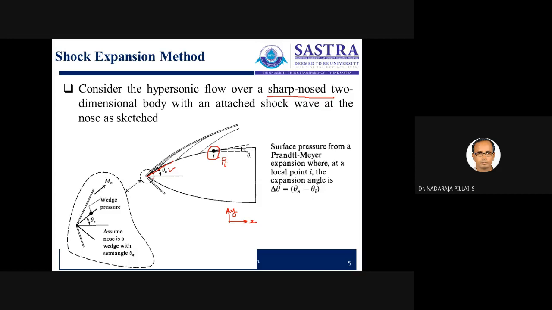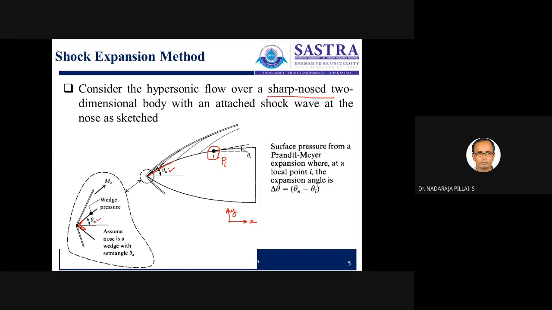Let us zoom in on this nose section. In the nose section, you can see this is the body, and this theta n is a wedge angle, the semi-wedge angle. When you consider only the nose, we can assume that this is a wedge.